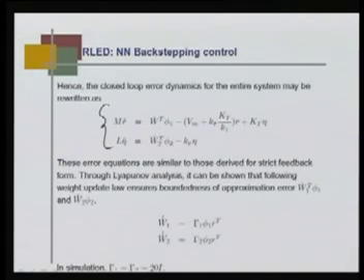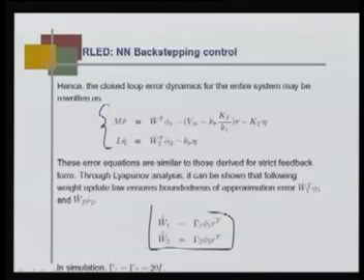Going by the same principle of defining the Lyapunov function, we can derive that for this the weight update law is W 1 hat dot equals gamma 1 phi 1 r transpose and W 2 hat dot for this one is gamma 2 phi 2 r transpose. Okay. If I do, then the system is Lyapunov stable.